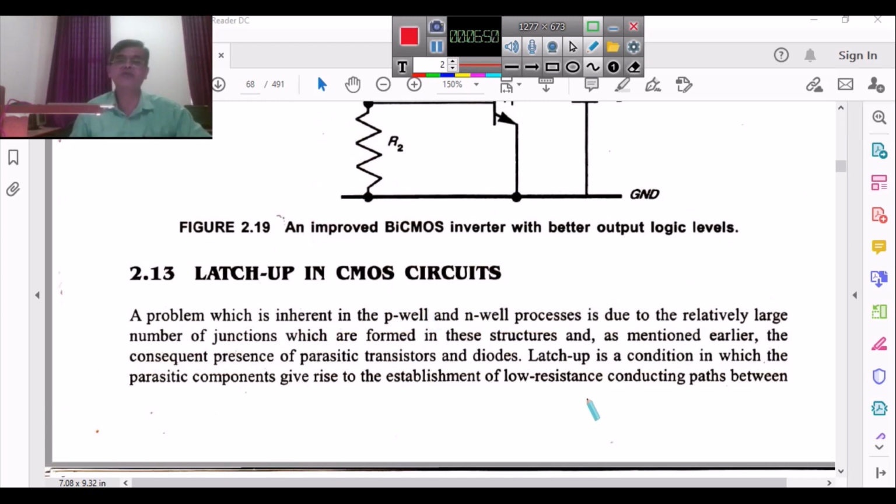Latchup in CMOS is a condition, a state, in which the parasitic components present in the CMOS devices or circuits give rise to the establishment of a very low resistance conducting path between the power rails, that is VDD and ground, and that is called latchup.